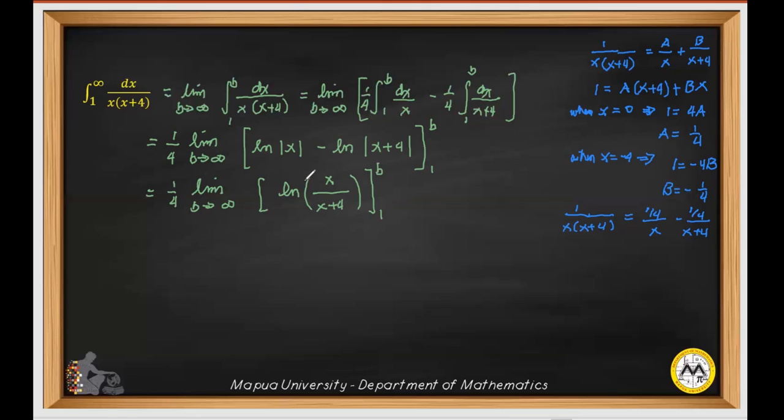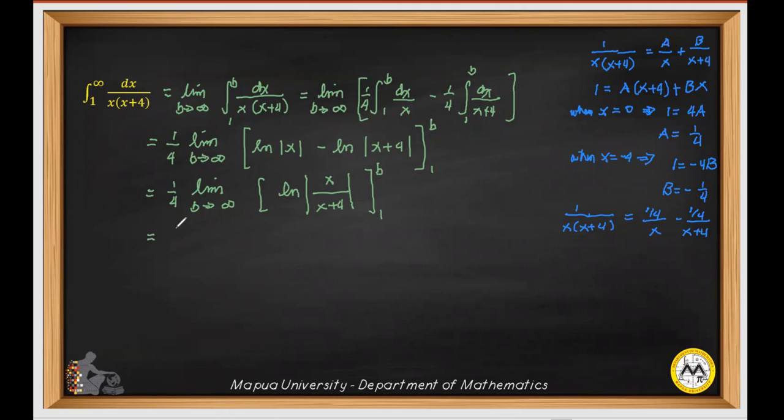Instead of using the absolute value, we may use the parentheses, but to be consistent, let us just use the absolute value. So, absolute value of x over x plus 4, and we're going to evaluate this from the lower limit 1 to the upper limit b.